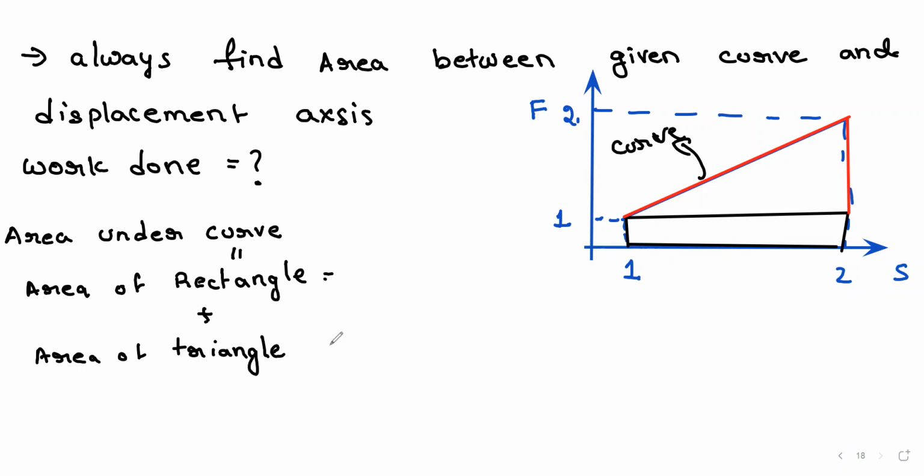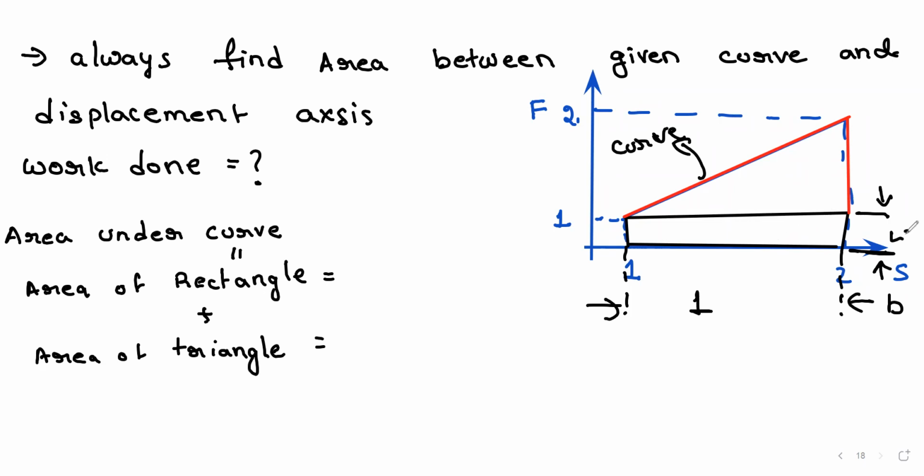What is the area of the rectangle? Length into breadth. Very good. So let's say this is the length and this is the breadth. What is the breadth? 1. It's 1 unit. What is the length? That's also 1.